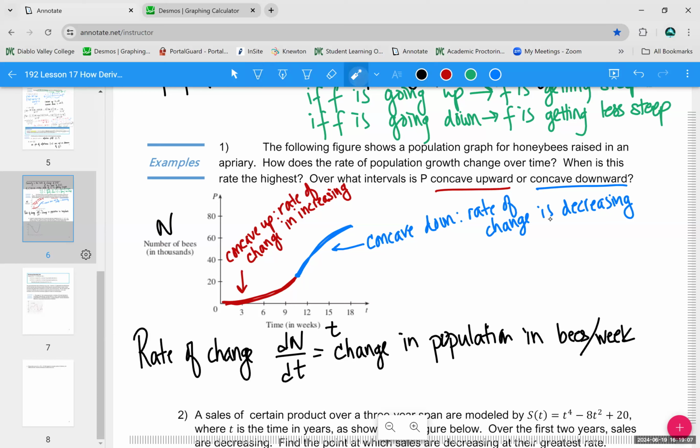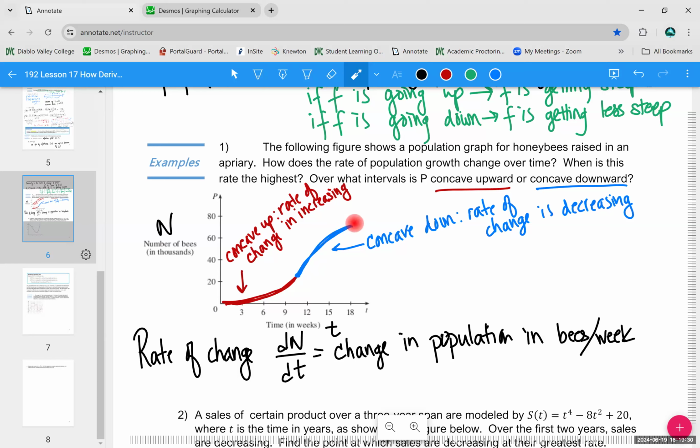So at any given moment, like here, that dN/dt would be the change in the number of bees per week after 6 weeks. Here, this derivative would be the rate of change in how many bees per week, right? So that's what that means.